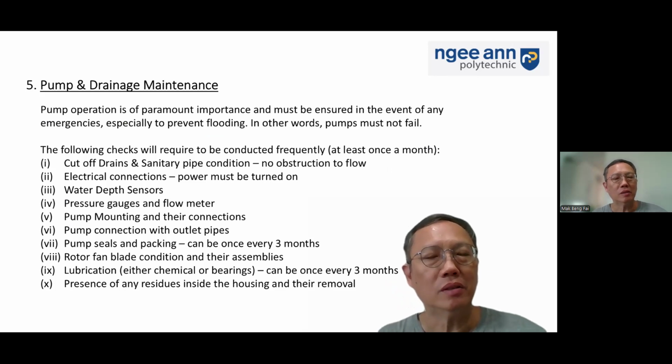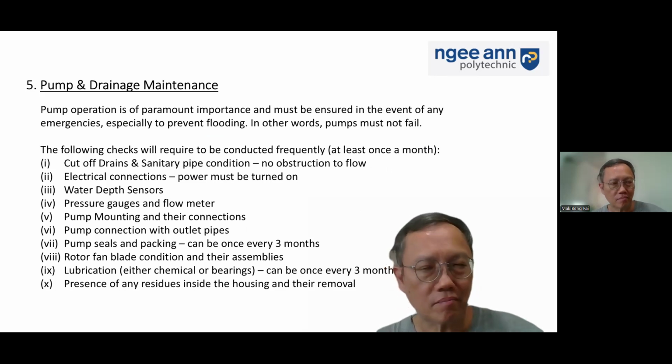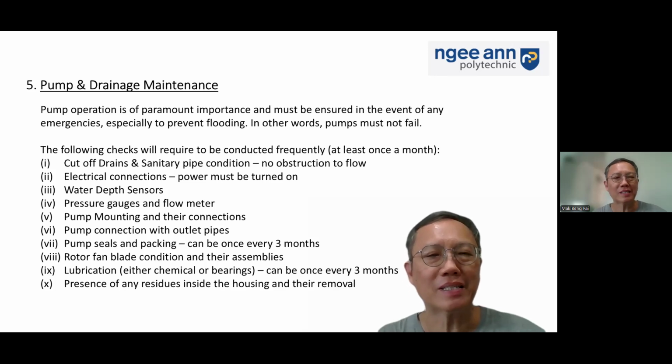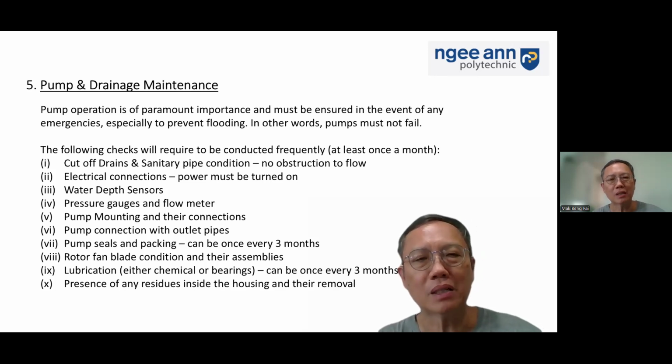Okay, as I talked about earlier, we have seen cases of flooding in the basement, and one of our important missions as FM is to make sure that the pump doesn't fail. In order for the pump not to fail, it must always be operating.